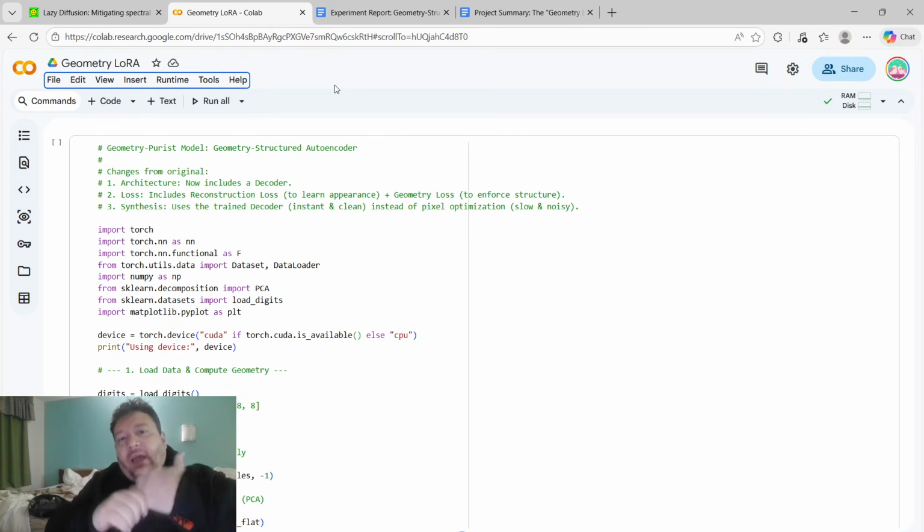I call the end result of this Geometry LoRA, and that's exactly what it is, right? The end result is training a LoRA only on the geometry of a data set, never being given the data set directly, labels directly, etc. The goal is that you would utilize this to buffer the model's capabilities when it comes to LoRA.